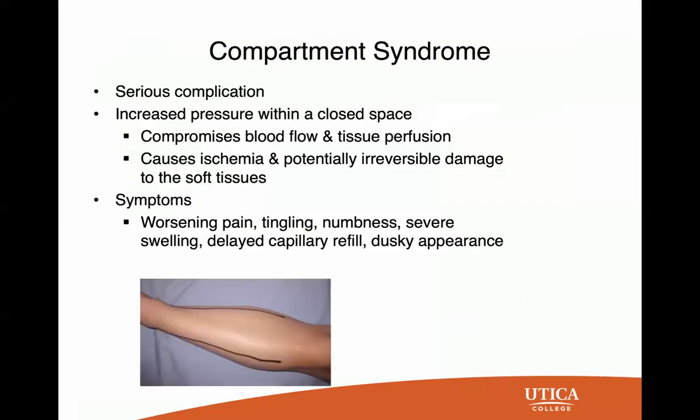Compartment syndrome. I'd be remiss if we didn't talk about some of the more significant emergencies in regards to orthopedics. So compartment syndrome, if you think about your muscle compartments, you have different compartments within your muscles, right? So it's multiple muscles put together that also have nerves and blood supply and so on and so forth between them.